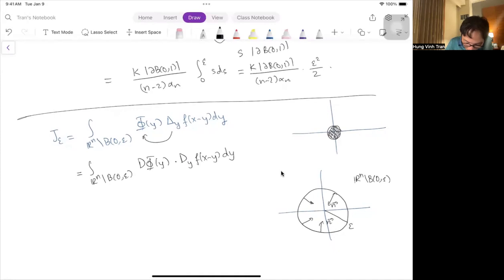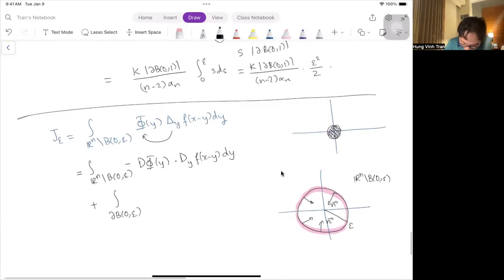I should have the minus sign, because I do integration by parts. And then I have the boundary term, which is the integral on this boundary of the gradient in y of f(x minus y) dotted with the normal vector, times phi(y) ds. That's our boundary term.